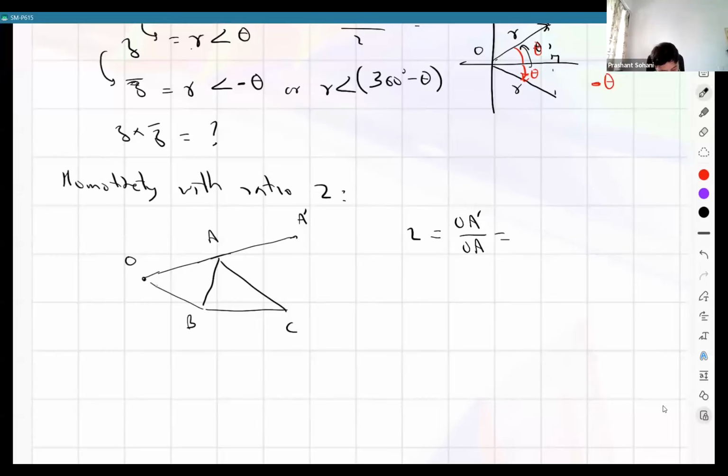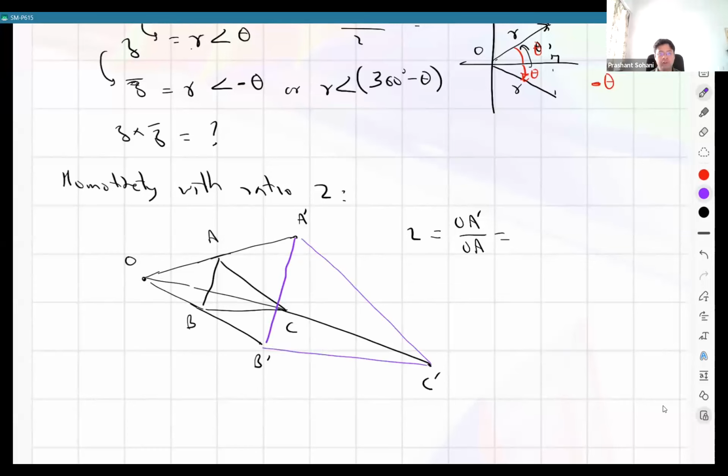So OB will also be extended to OB dash and OC will be extended to C dash. If I join A dash, B dash, C dash, you can clearly see that the new triangle we have obtained is not congruent to the original triangle, but it is similar because all the ratios are going to be constant.